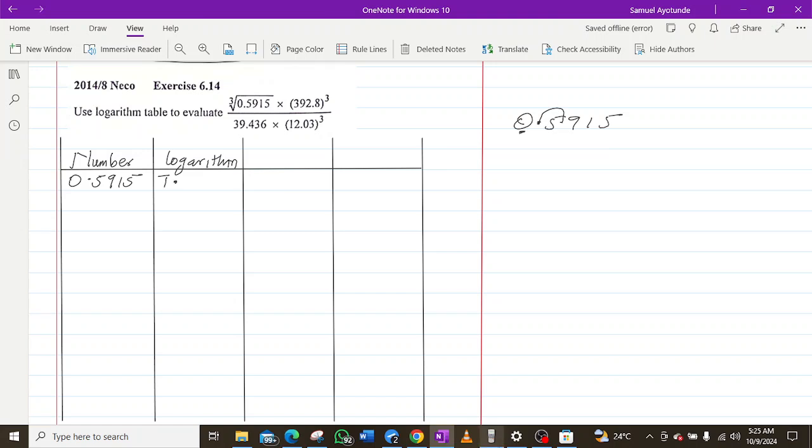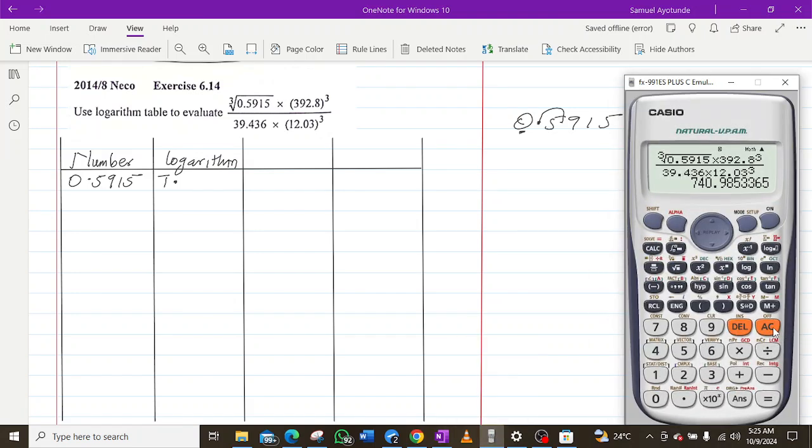We are using calculator, so we use our calculator to find the logarithm of 5915. So log 5915 is 0.7719. So behind 0.7719 we have 5.